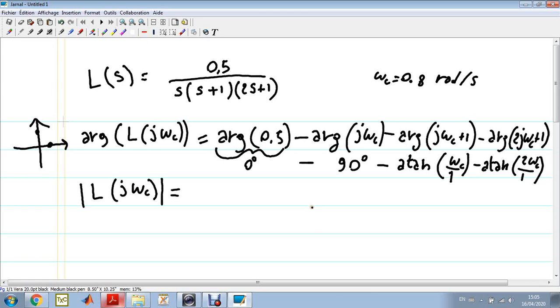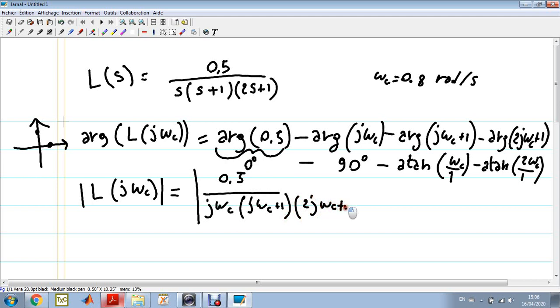How do I compute the modulus of L(j omega c)? Well, it's basically the modulus of everything. You can just replace the values and make the computation. So j omega c plus 1, 2j omega c plus 1.